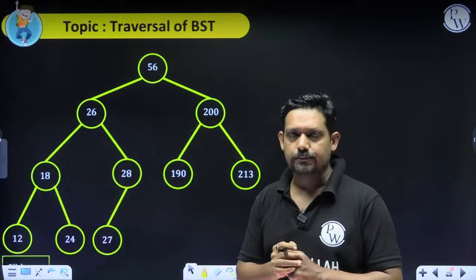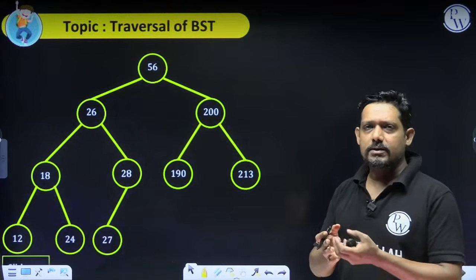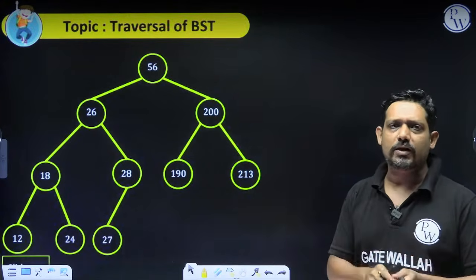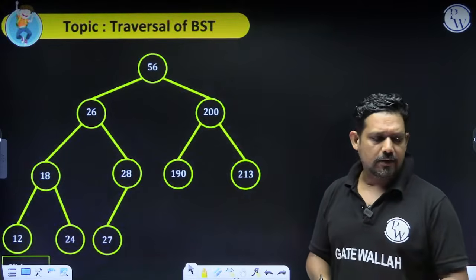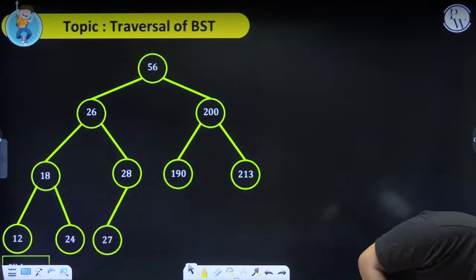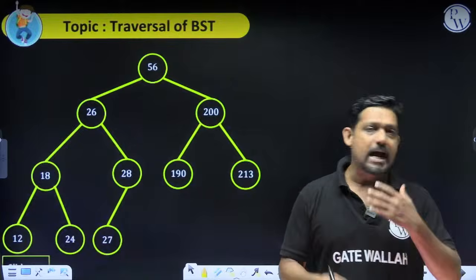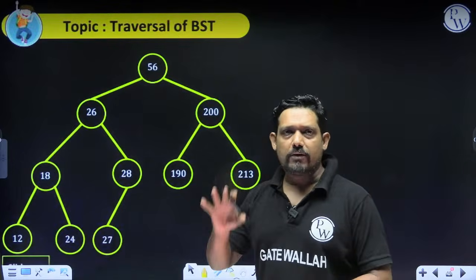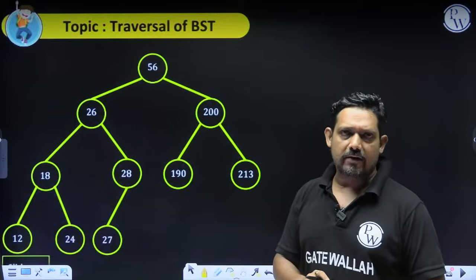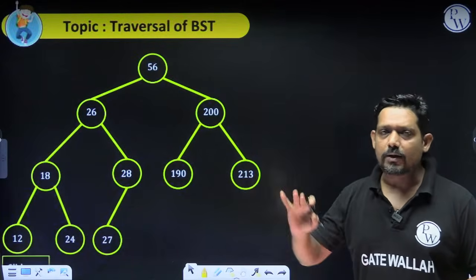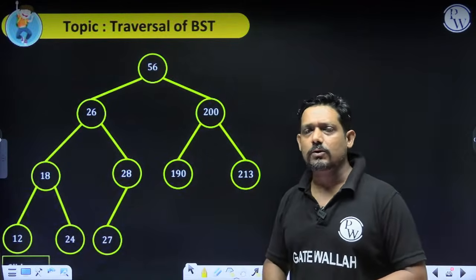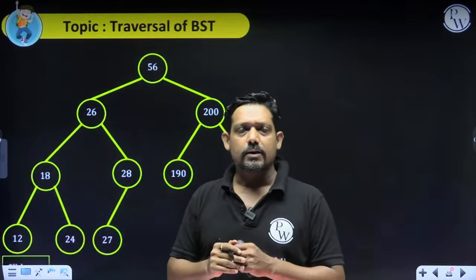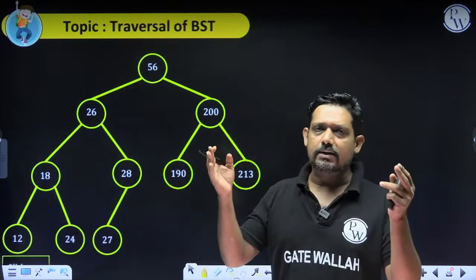Traversal is a process of visiting the nodes of the tree. That is sure, and that process is called traversal. There are three traversals that go into the depth, and one category of traversal goes into the breadth. So one category is breadth, another category is depth.